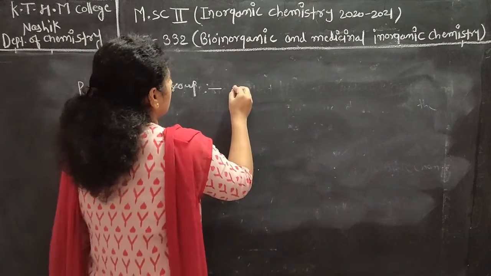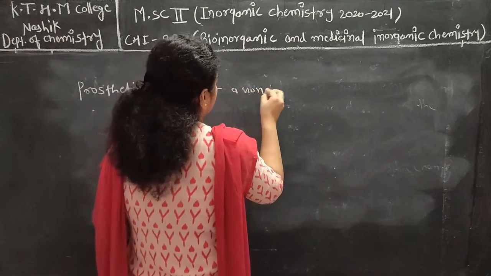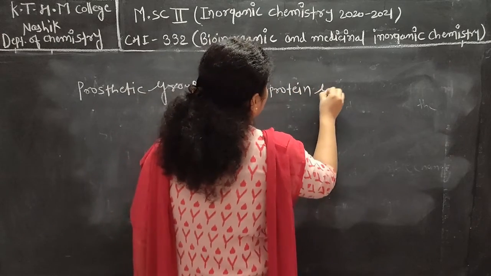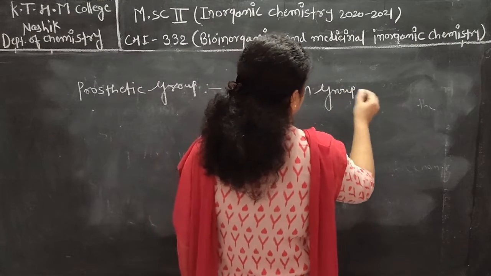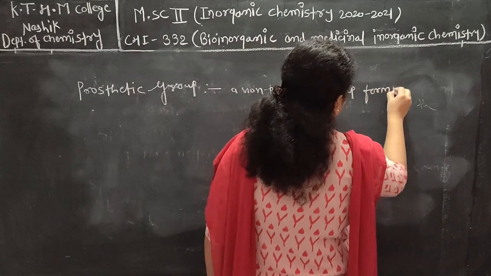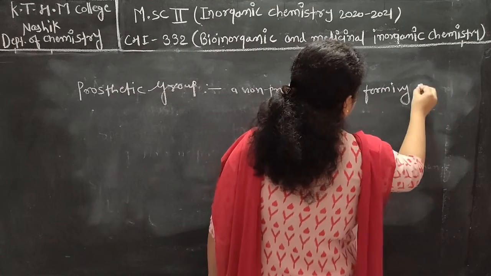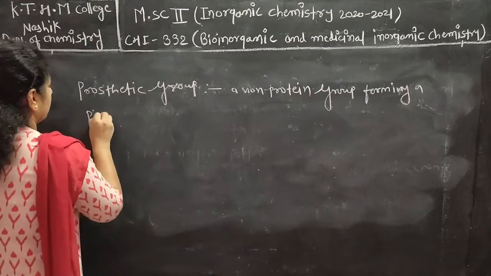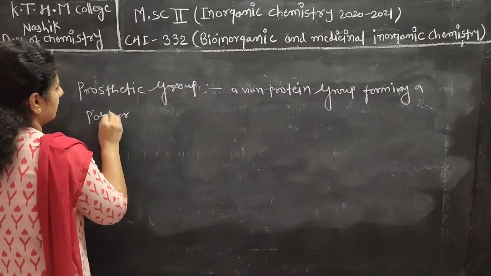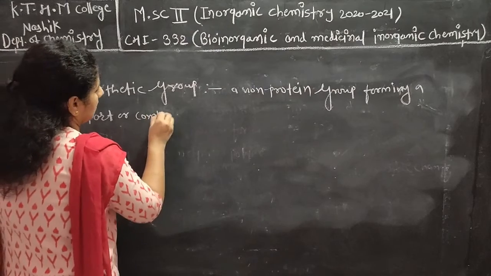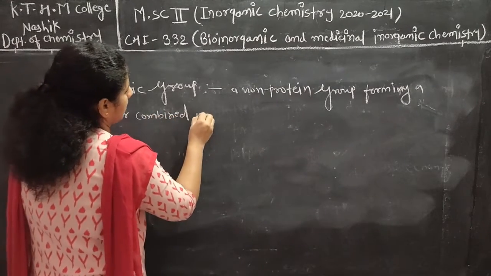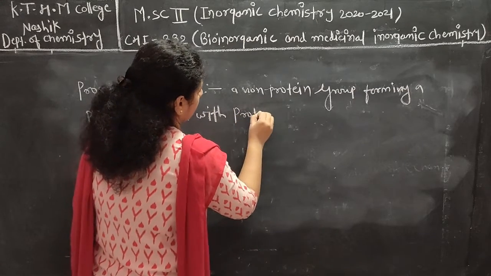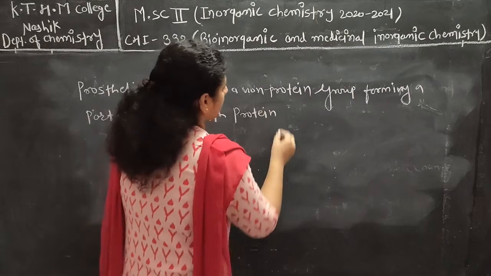A prosthetic group is a non-protein group or compound forming a part of, or combined with, the protein component.